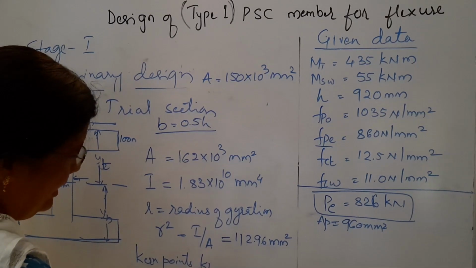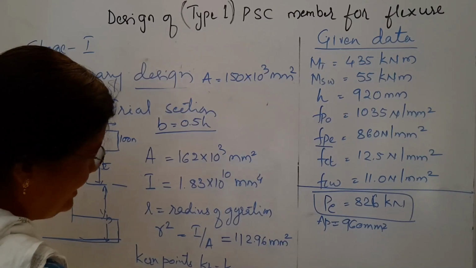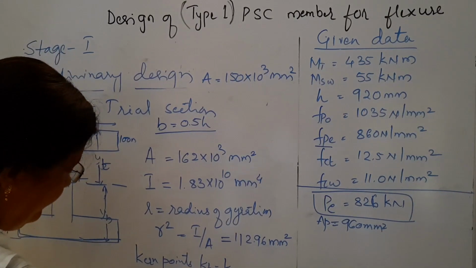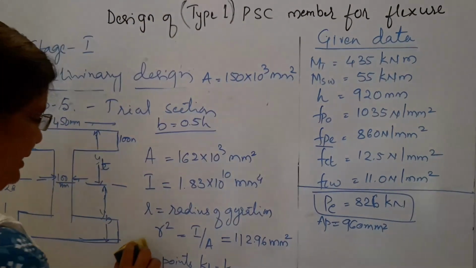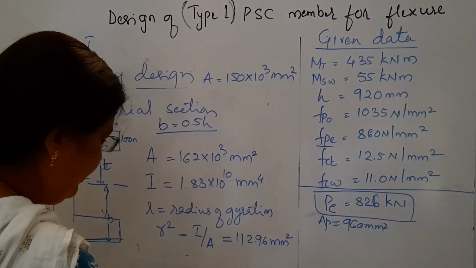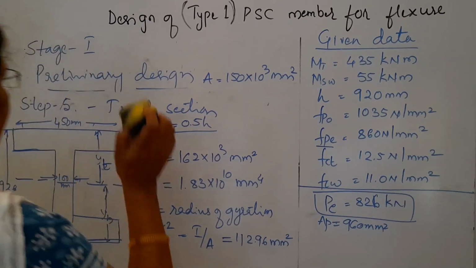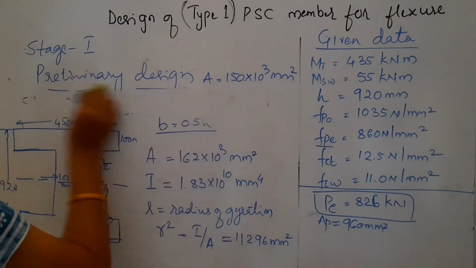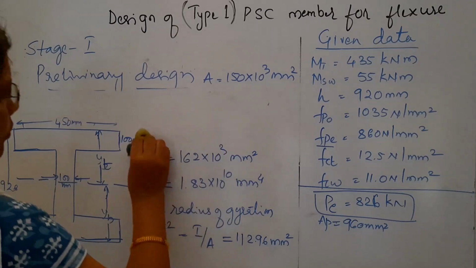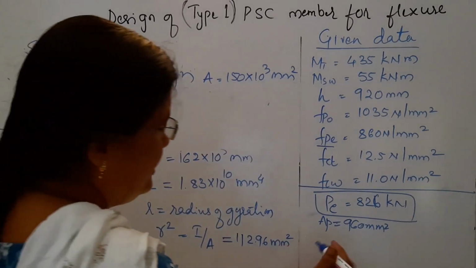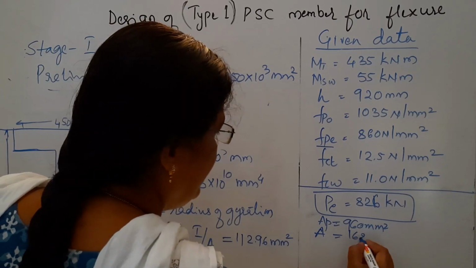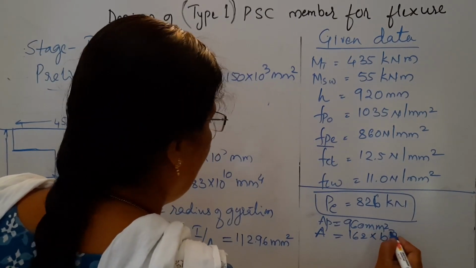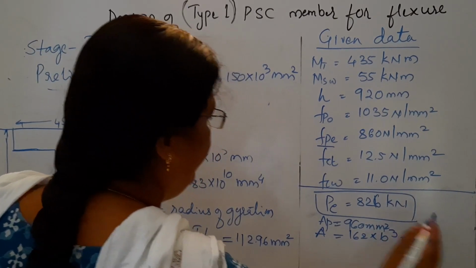KT is equal to KB here because it is a symmetrical section. Okay, we will calculate the kern points here in the same step 5, and I will write that this is also required. Area of the section 162 into 10 raised to 3 square millimeter.